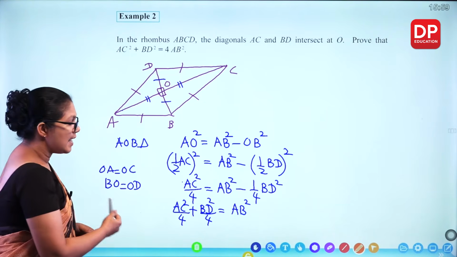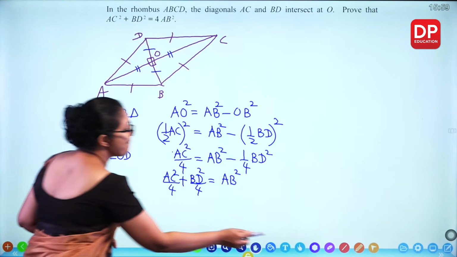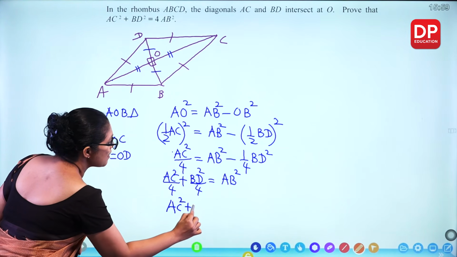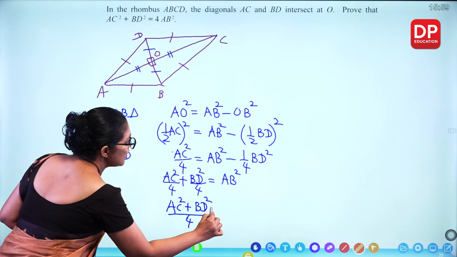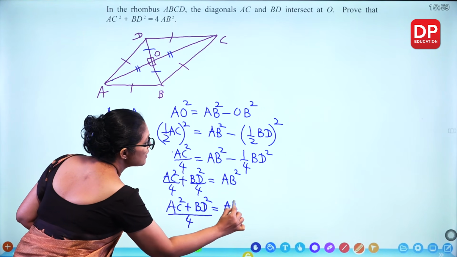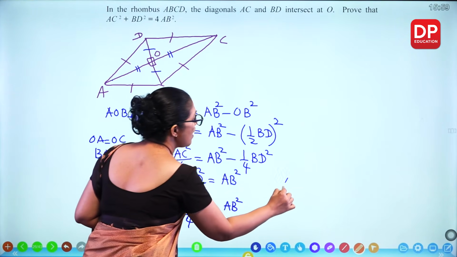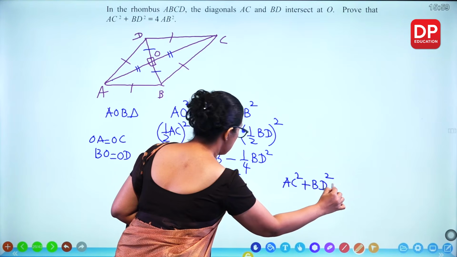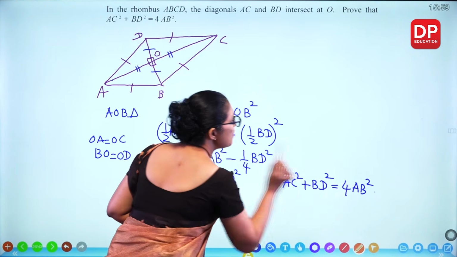So same denominator, I can write as AC squared plus BD squared divided by 4 is AB squared. Then multiply this by 4. You get AC squared plus BD squared is equal to 4AB squared.